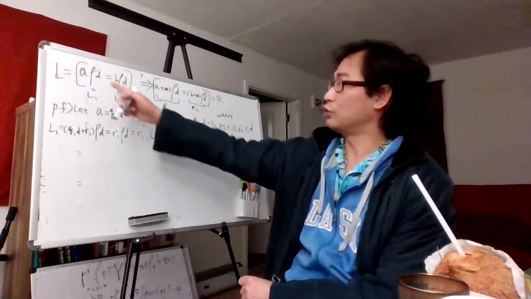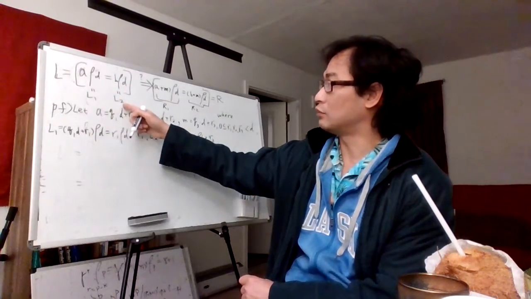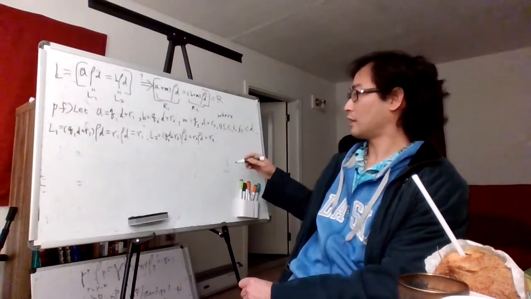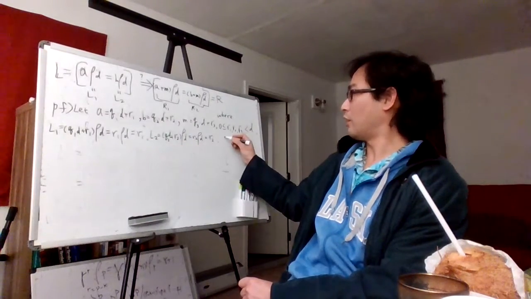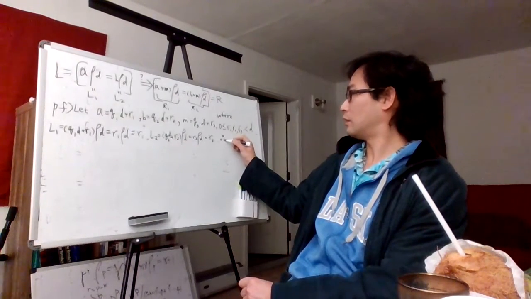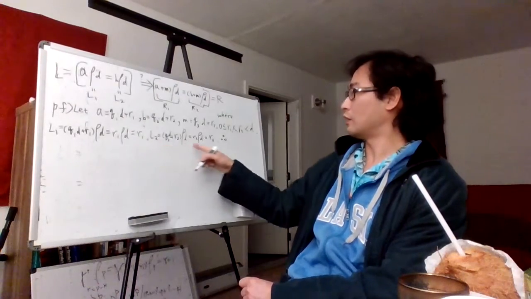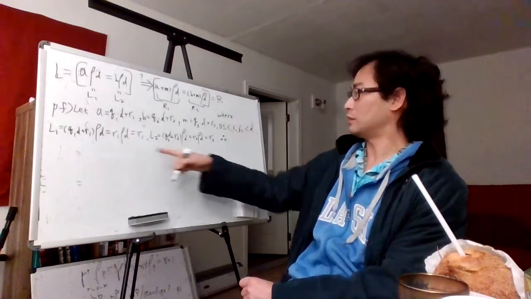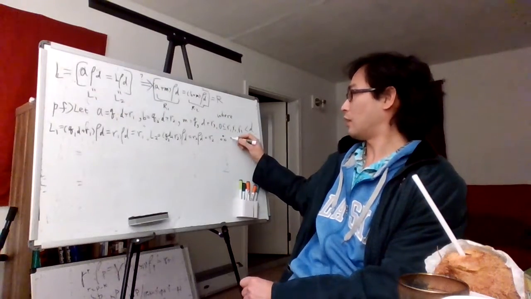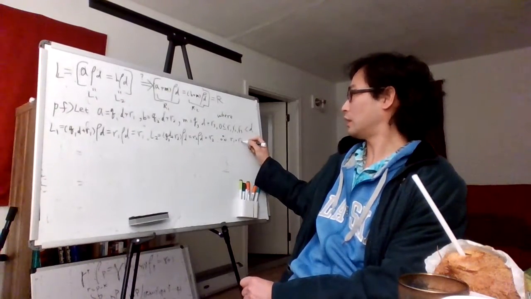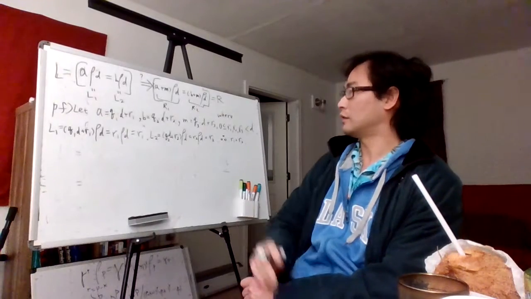And because we assume the left hand side L1 and L2 are the same thing, therefore R1 and R2 are the same thing. Because L1 and L2, they are the same. We assume that. Therefore, R1 is equal to R2.